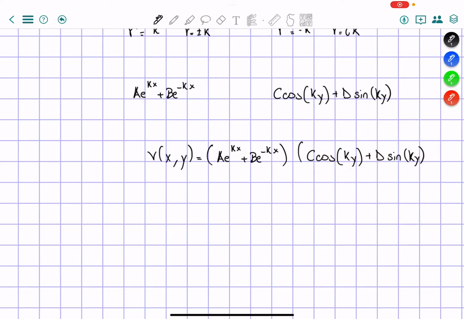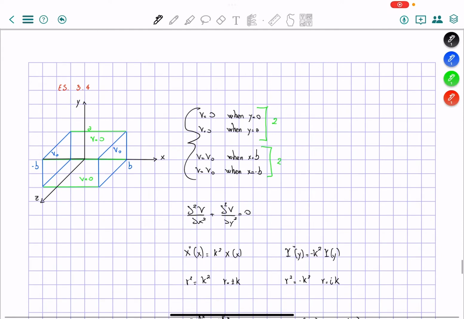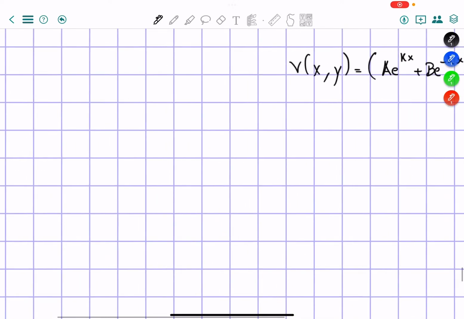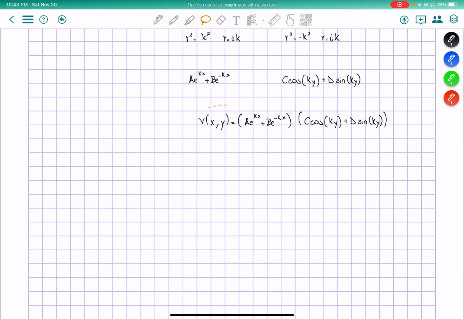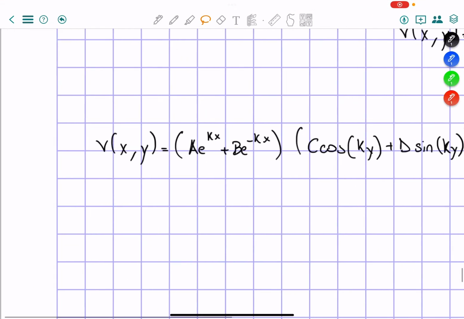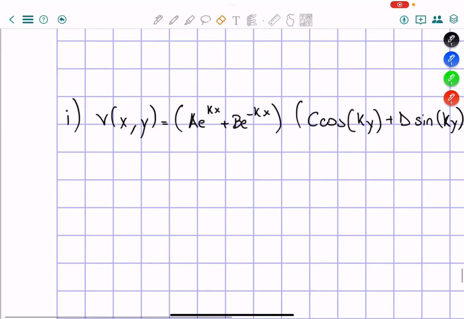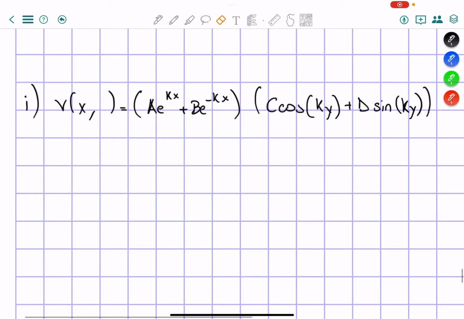And now we can start plugging in the boundary conditions. So we know that when y is equal to 0, our voltage has to be equal to 0. So if we take this and plug in y equal to 0, we just substitute every single thing with y equal to 0.